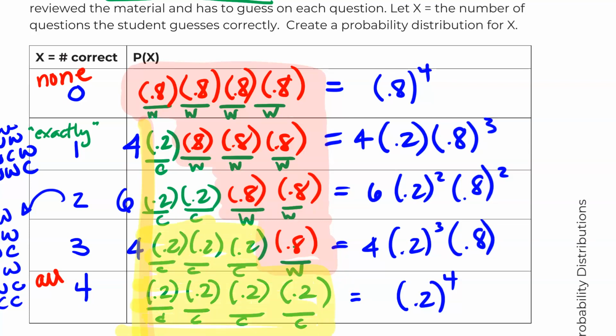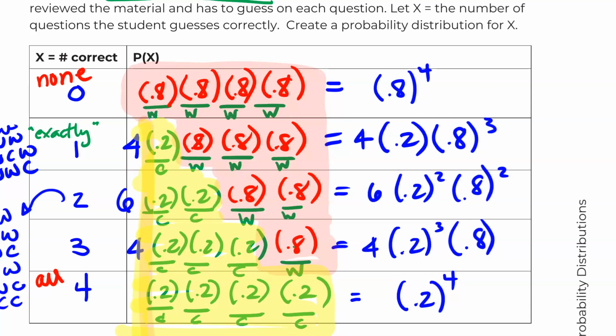The number of things that we want correct, we need that probability raised to that power. So our probability of being correct needs to be raised to the number of corrects we wanted. I'll call that a K. And then the probability of being incorrect, we'll just call that 1 minus P, has to be raised to the rest, right? Every other one you had to have gotten incorrect. And then you've got to deal with the number of ways out in front.